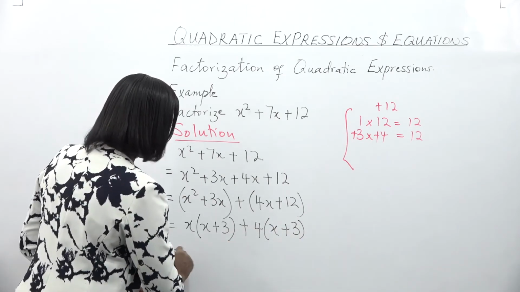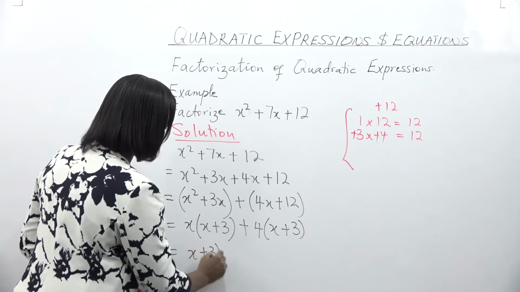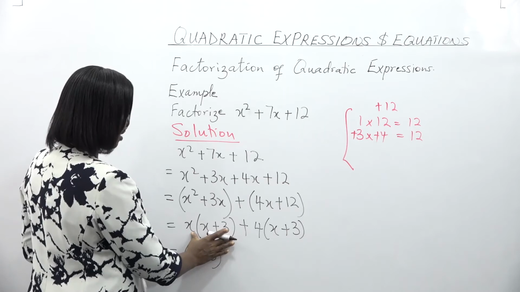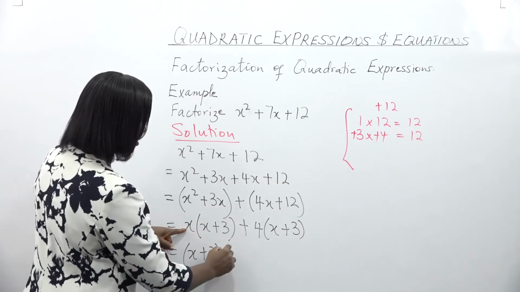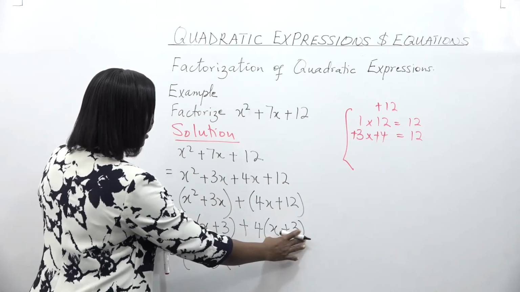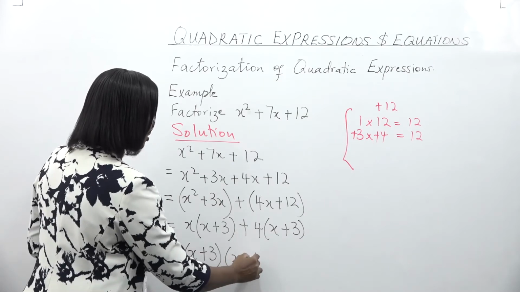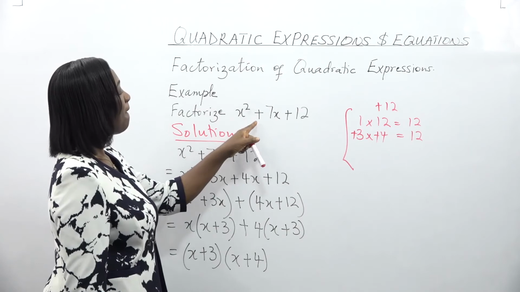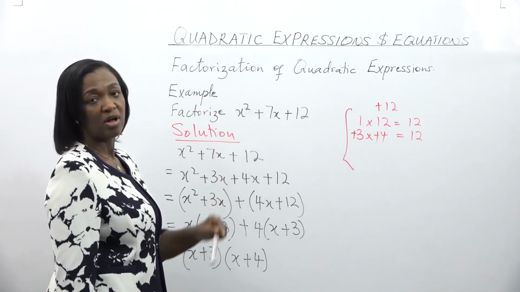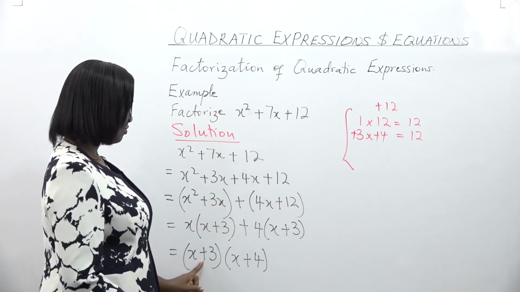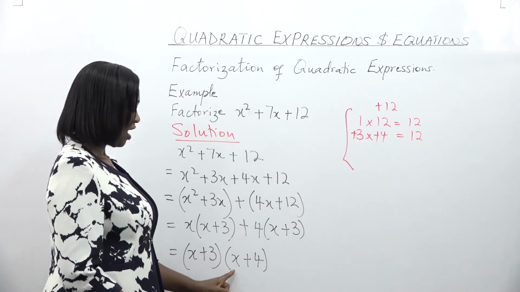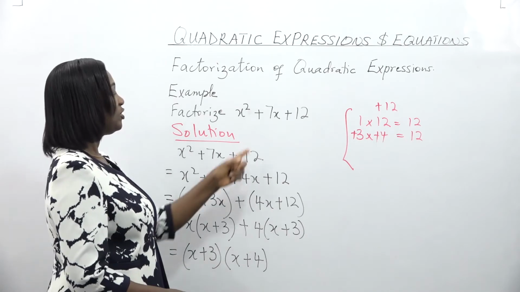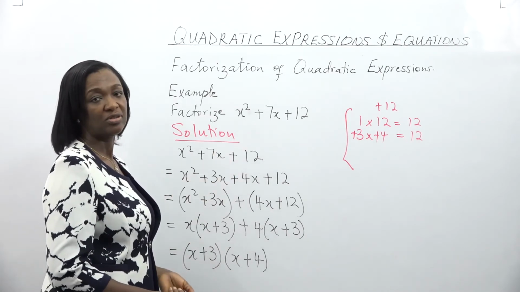If you take out x plus 3, we are left with x and 4. So if we factorize x squared plus 7x plus 12, we would have x plus 3 into x plus 4. If you expand this, you would get the original expression.